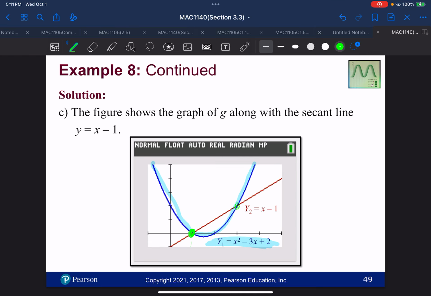And the second one, the x value they gave us was 3. The red line is the secant line that goes through those 2 points. What we did is we found the slope of that line, and we found that slope to be 1. And then we chose one of those points and created the equation of that secant line, which gave us this equation.